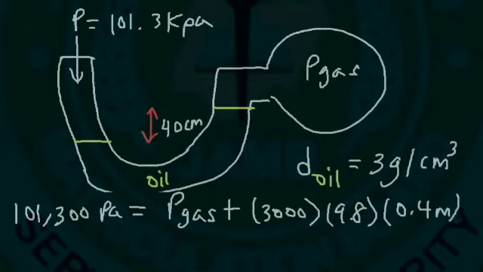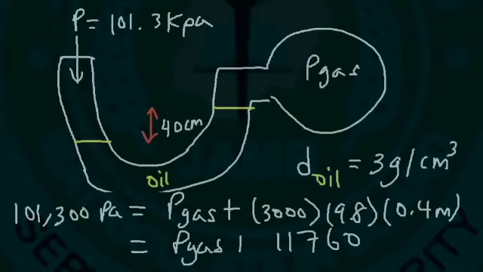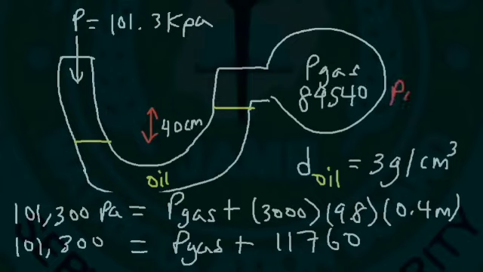So 3,000 times 9.8 times 0.4 is about 11,760. So the pressure of the gas is 101,300 minus 11,760. So it's going to be 89,540 pascals.